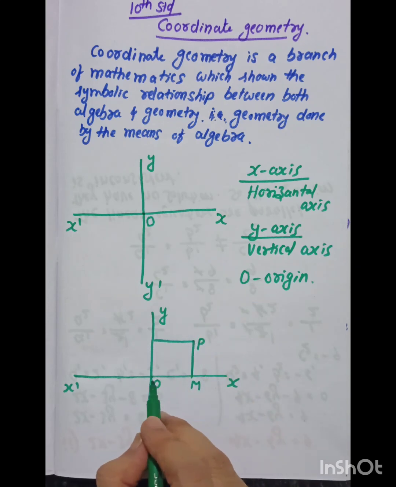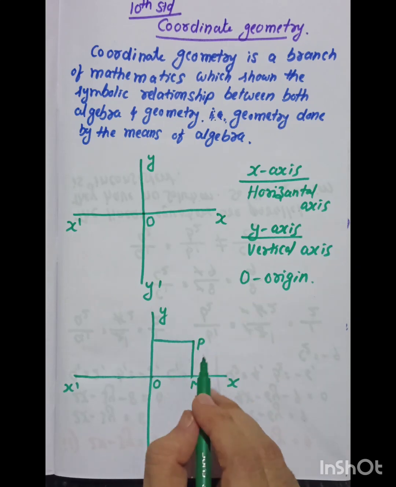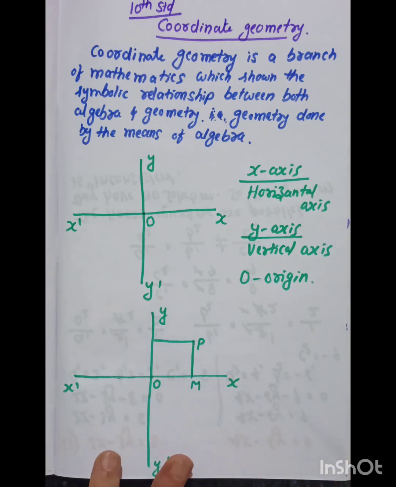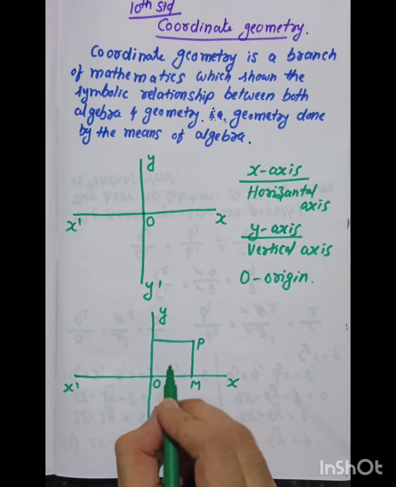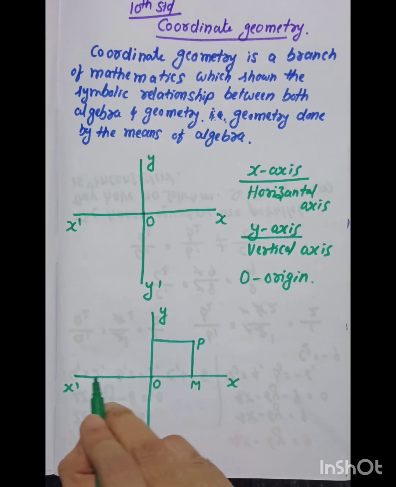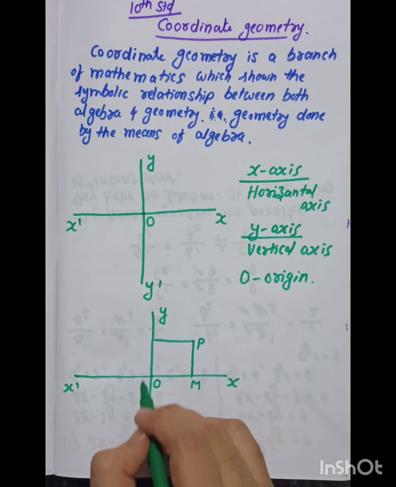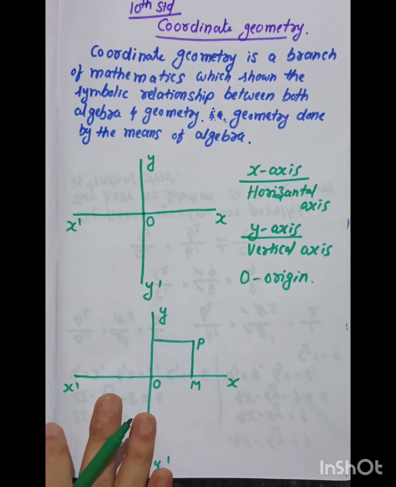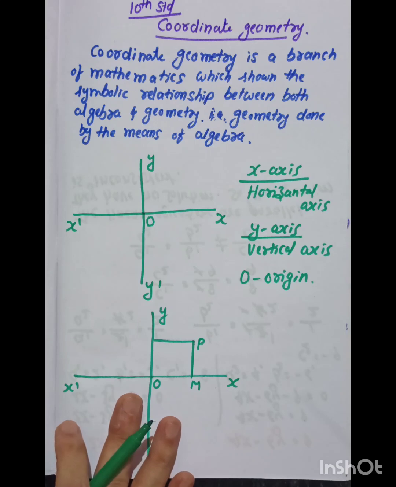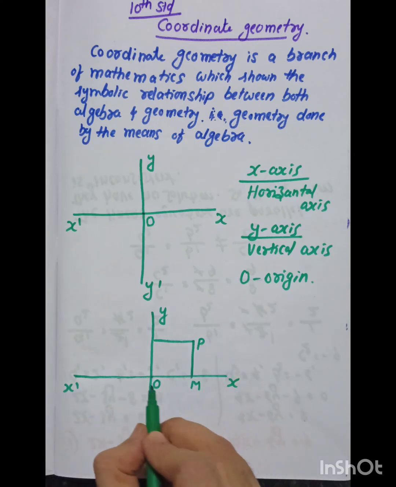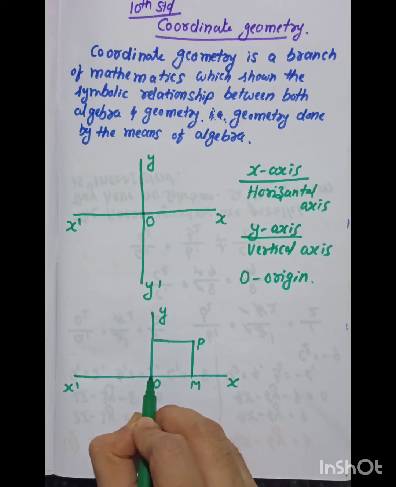You can call it OM, MP, PM, MO, anything, but we can say OM is on the x axis, and MP is parallel to the y axis. So we can give a name for this type of axis here. OM is called x ordinate because it is on the x axis.